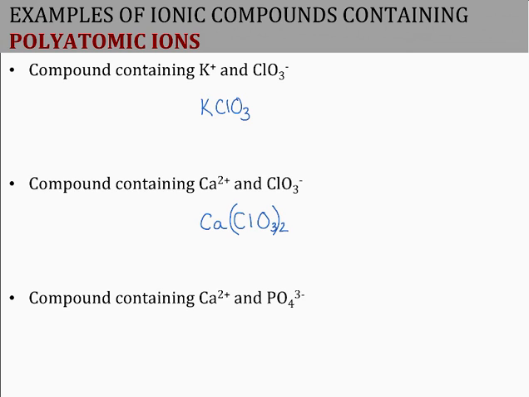Okay, now in the last problem, this is a bit of a challenge problem. We have a calcium 2+ ion and then a phosphate ion, which has a 3- charge. How many calcium ions do we need and how many phosphate ions do we need to balance the charge?